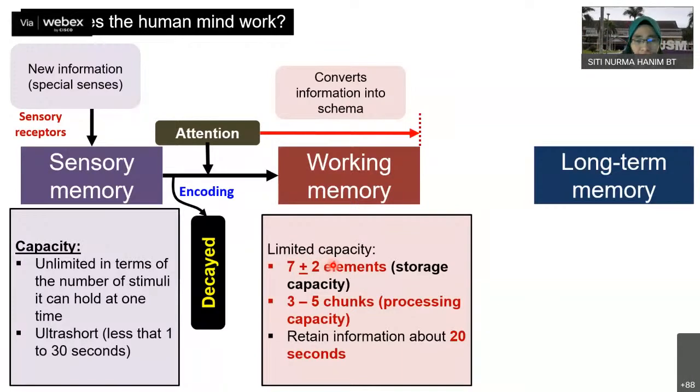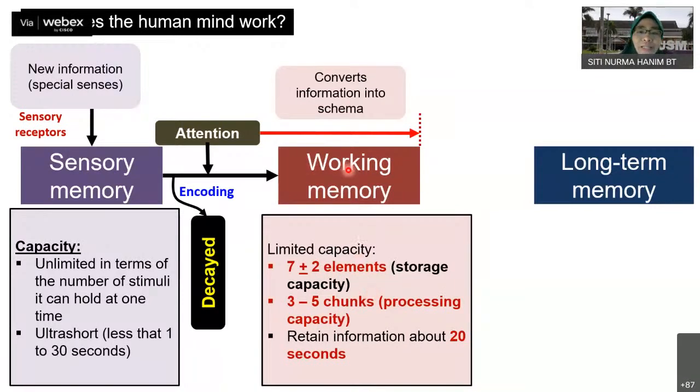If you have the 7 plus minus 2 elements in the working memory, those elements will be converted into schema. But the processing capacity is about 3 to 5 chunks at one time. So you have to be careful when preparing a PowerPoint slide. Make sure the number of information pieces at one time will not exceed this. And working memory retains the information only for 20 seconds.